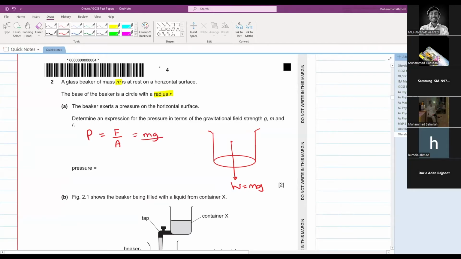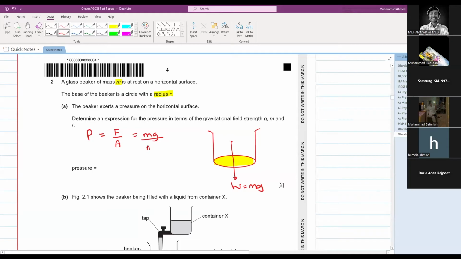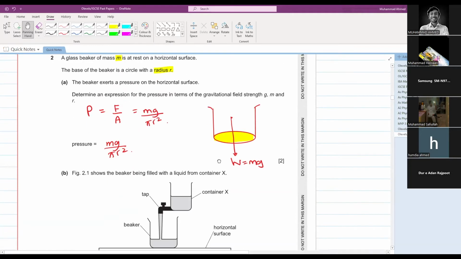What will be your area? Can you realize the area is circular? So how will you write the area of a circle? Pi r square. So the formula for pressure is mg over pi r square. This is your answer for pressure. I don't think there should be any ambiguities here, but you can ask your question and I will explain it.